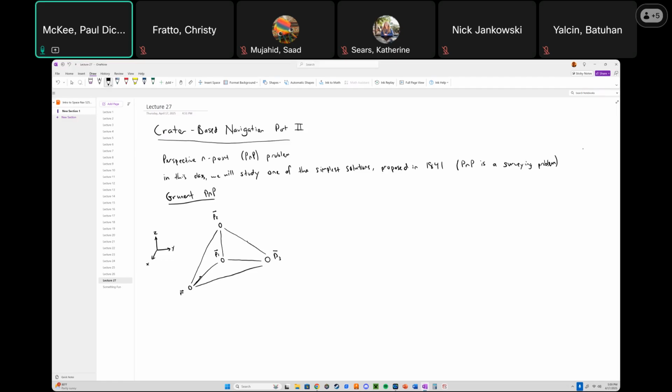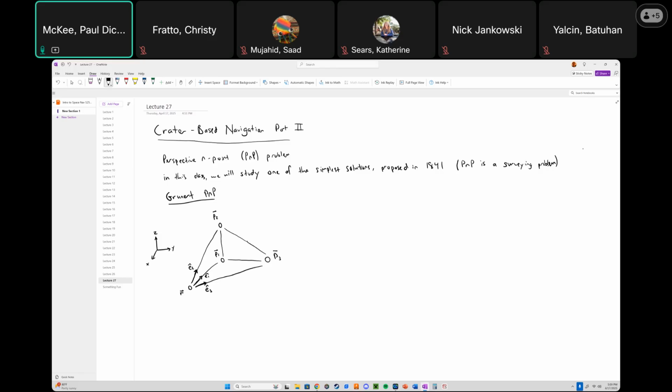What we have access to is the line of sight vector from the observer to point 1, so we're going to call that E1. We have the line of sight vector from the observer to point 2, we're going to call that E2. And we have the line of sight vector from the observer to point 3, which we're going to call E3. Okay. We also know the world coordinate of point 1, point 2, and point 3. So that's pretty much all we've got.